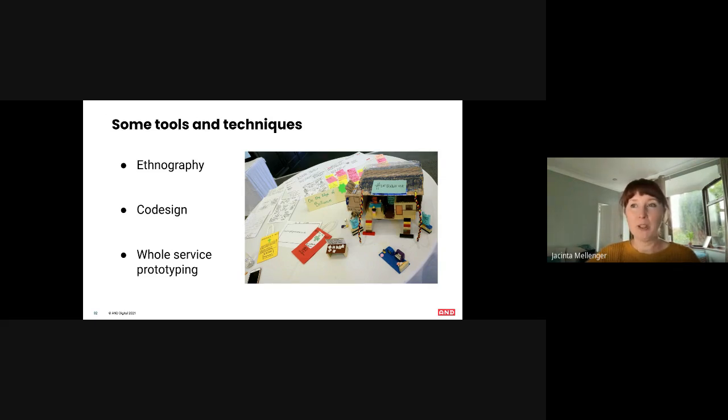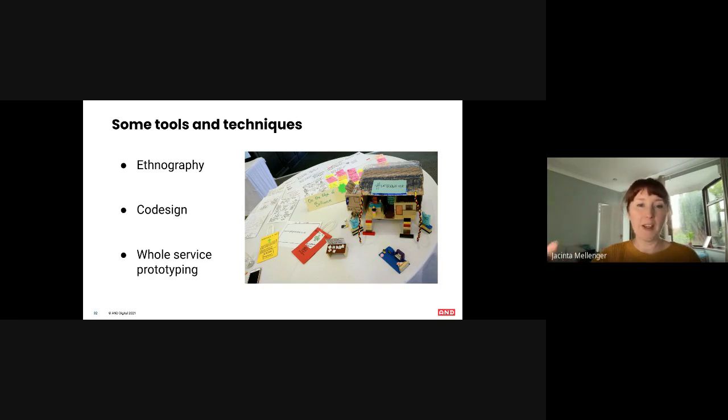So one, which is more in the user research type of discipline, is ethnography. At the moment, and for quite a few years now, Policy Lab have hired ethnographers who spend hundreds of hours documenting and sharing people's day-to-day experiences of government services.